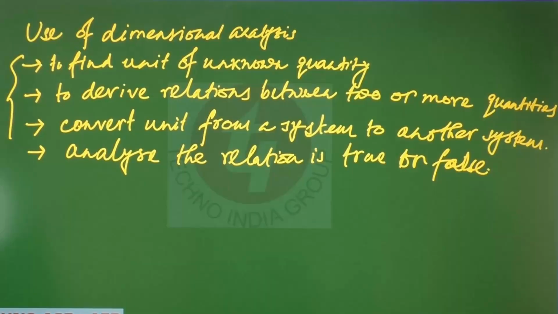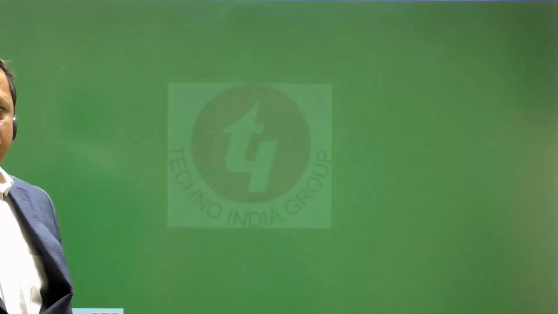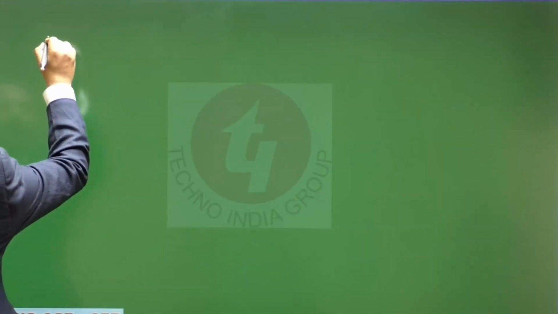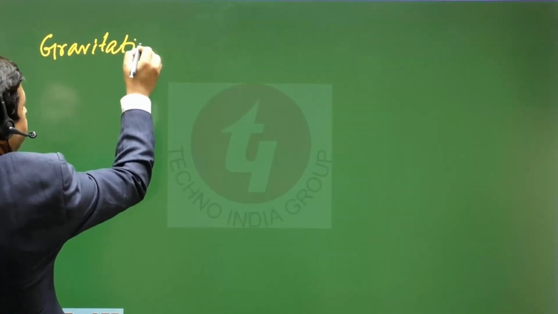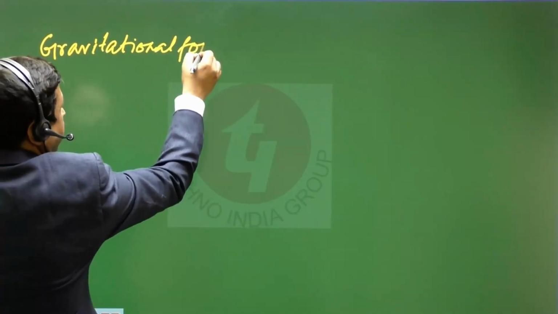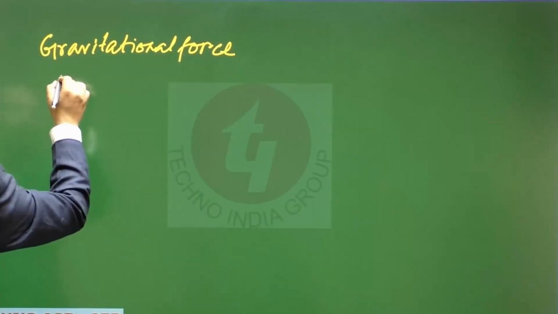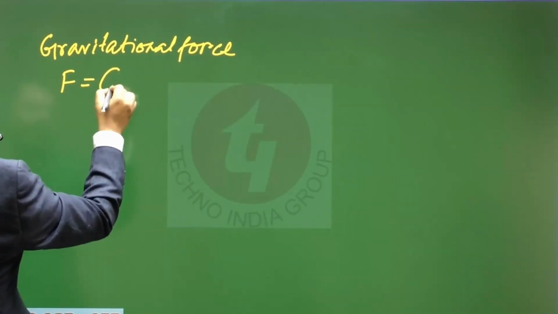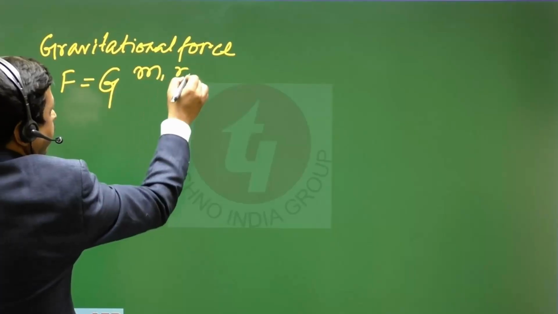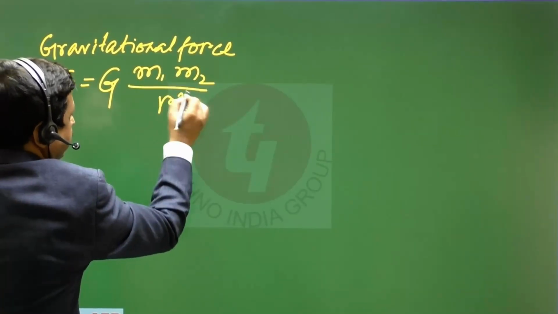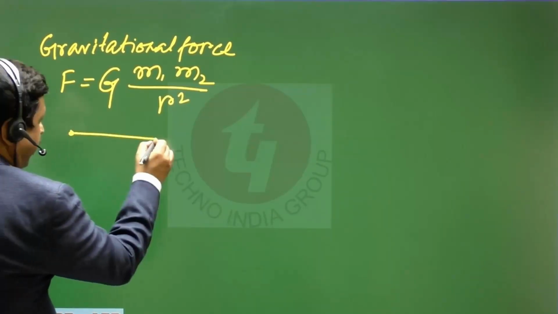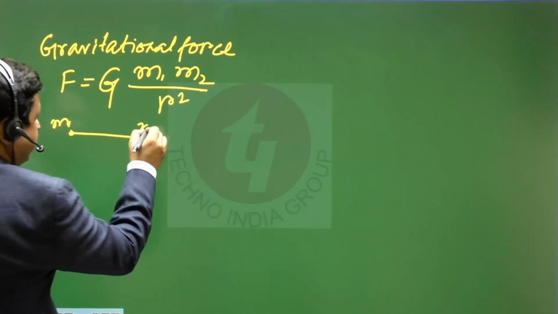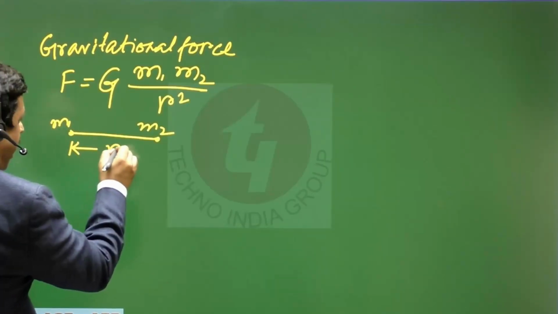Okay, first thing, to find the unit of an unknown quantity, say gravitational force. Gravitational force between two masses, you know that the relation is F equals G m1 m2 by r square, where m1 and m2 are the two masses and their separation is r.